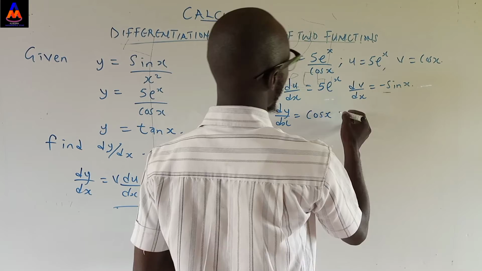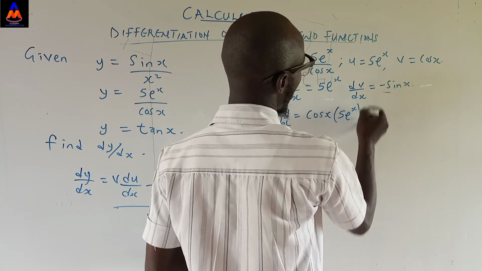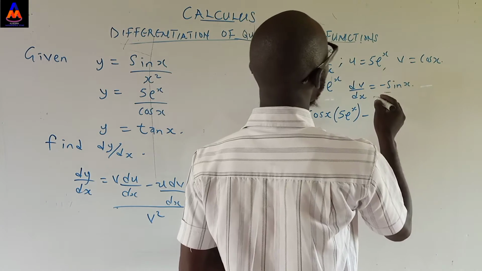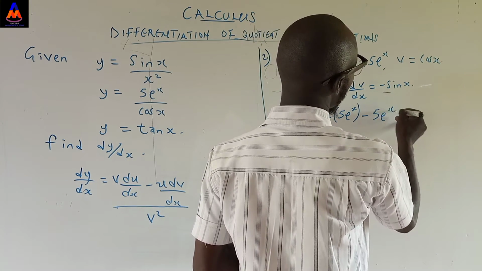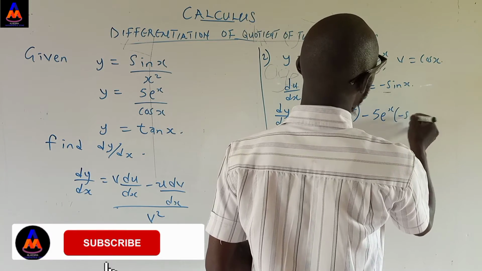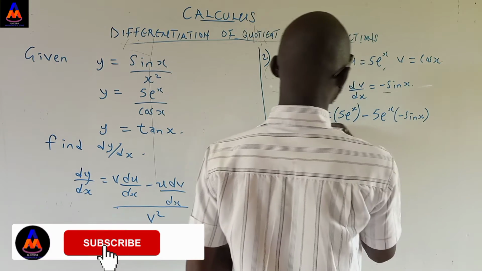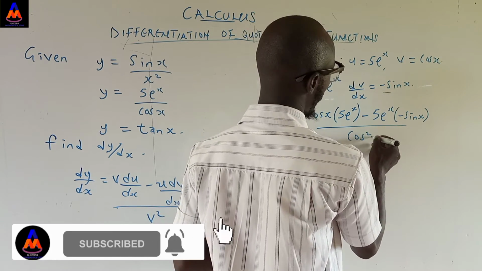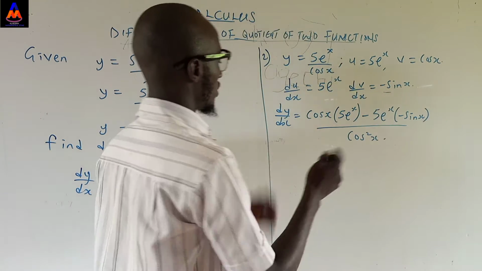So v du/dx, and that's 5 exponential x times cos x, minus u dv/dx. My u is 5 exponential x, and dv/dx is minus sine x, all over v squared. And my v is what? Cos squared x, or cos x squared.